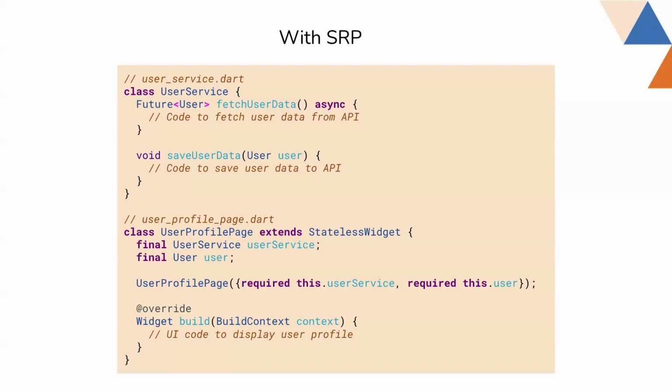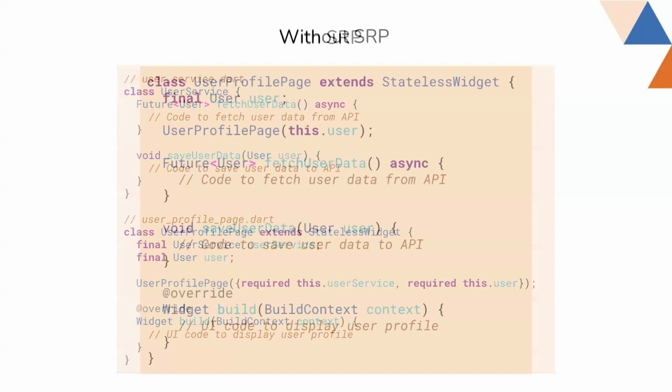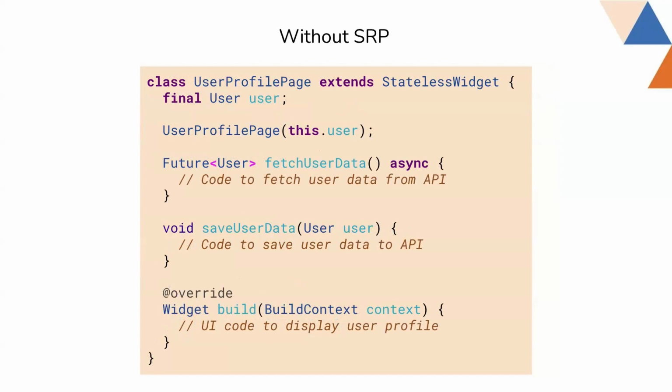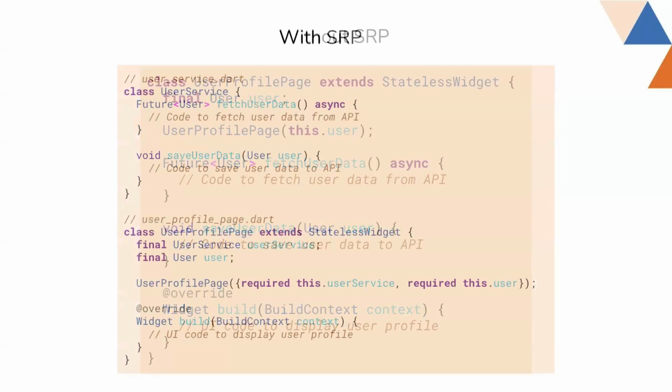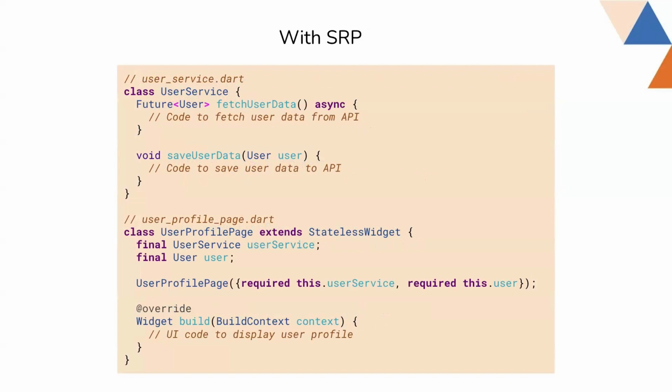We are not using all the methods inside one class, so each class is responsible for only one reason to change. The bottom one has a reason to change the UI using the build method, while the above one has reasons to change both the UI and the API methods. That's how we can use the principle in our code.